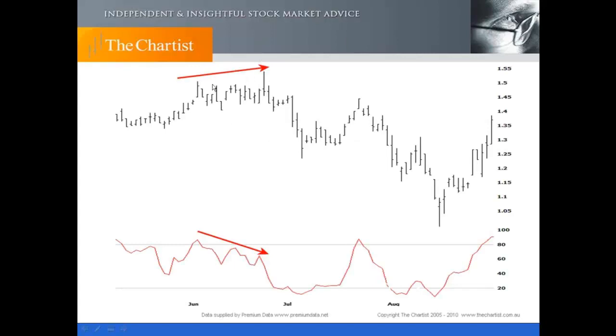So divergence, that's something we use quite a lot at the Chartist, and I think it's one of the most powerful patterns around. A lot of you will be familiar with this. Essentially, divergence is when prices make a secondary high up here. You can see there's a high point right here. Prices make a secondary high, but our divergence oscillator is failing to agree with those highs.